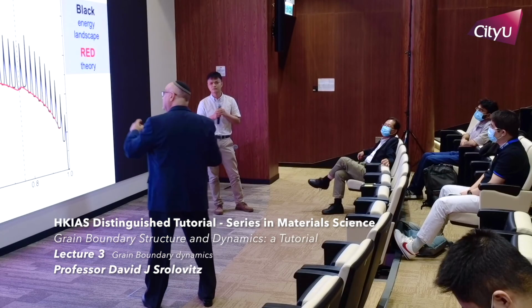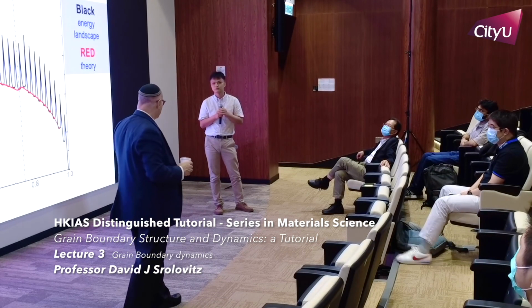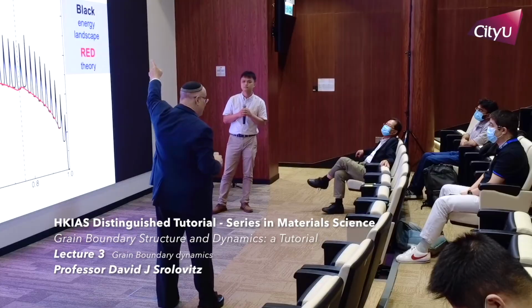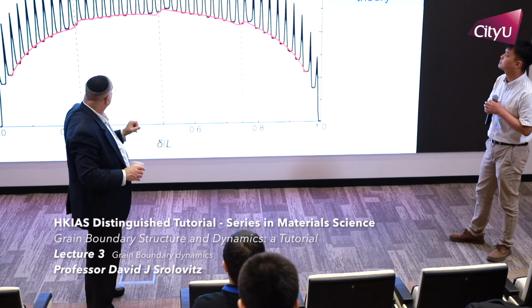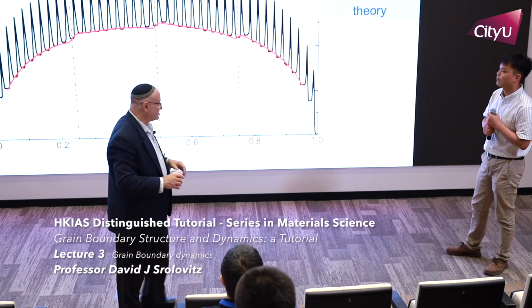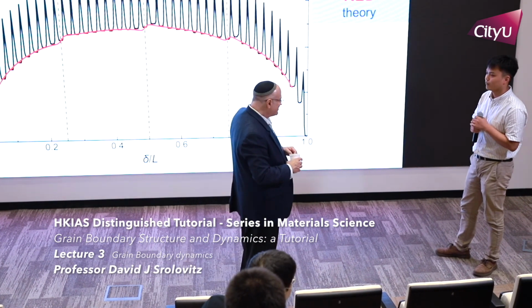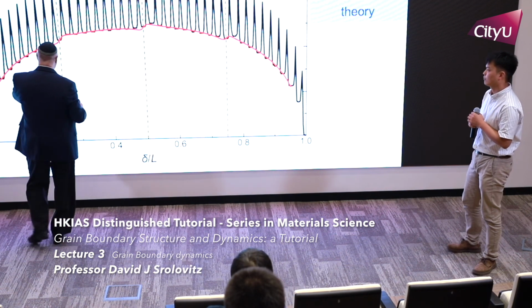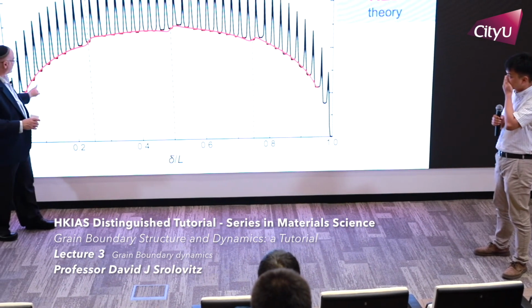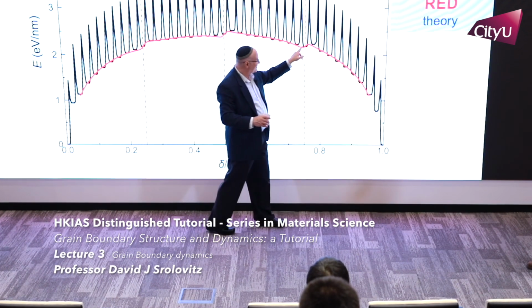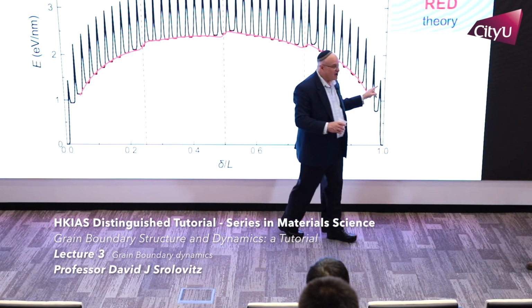The difference between a sigma 941 and something which is, say, 0.03 degrees different, which is a sigma 963,241, is just how close, how periodic these little bumps are. That's the only difference.